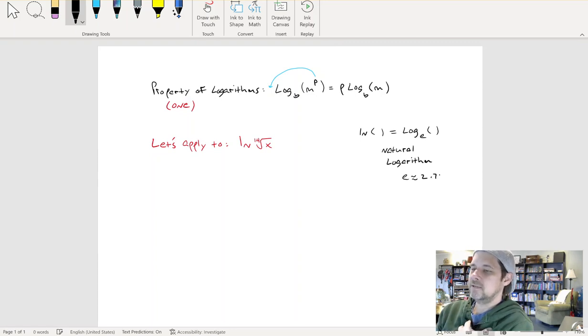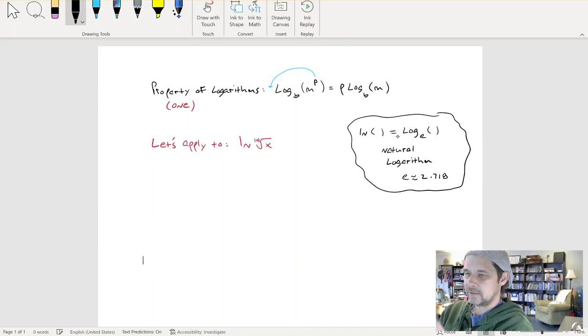It's about 2.718. Scientists use it to calculate population growth and radioactive decay. In finance, it's used to calculate compound interest. It has lots of uses, but let's just say it's a number, and it's the base of the logarithm when you see an ln. So I say that to tell you that this rule applies to this, even if it looks a little bit different. So that's my first kind of caveat about this one.